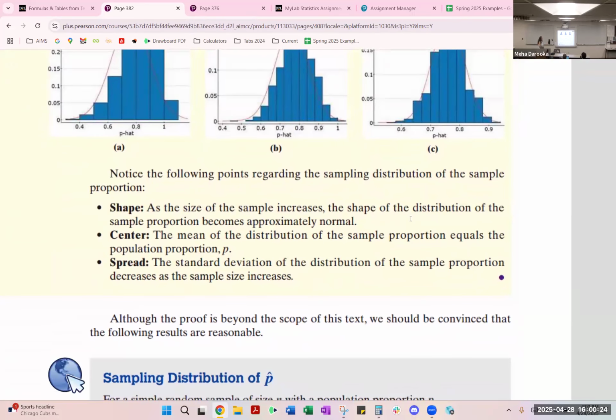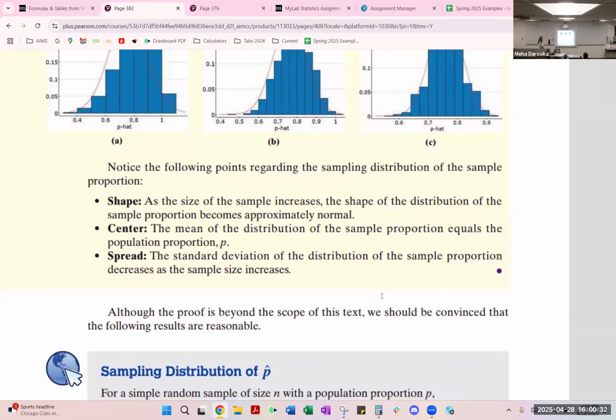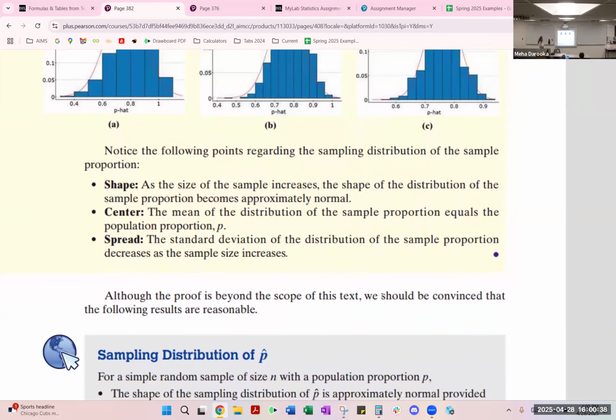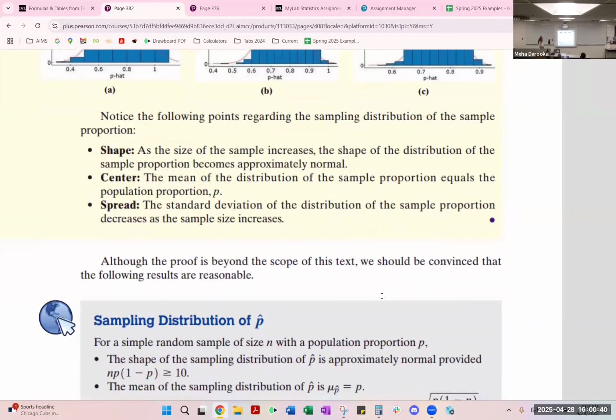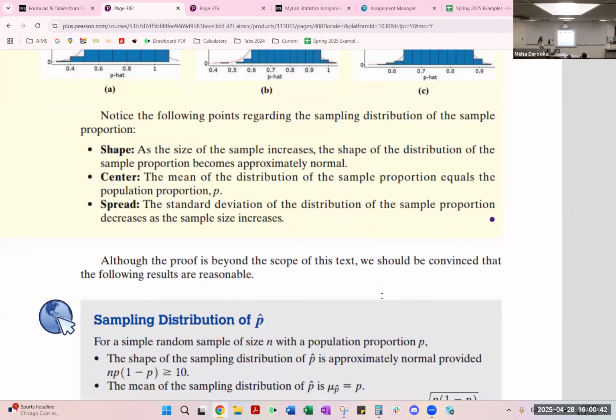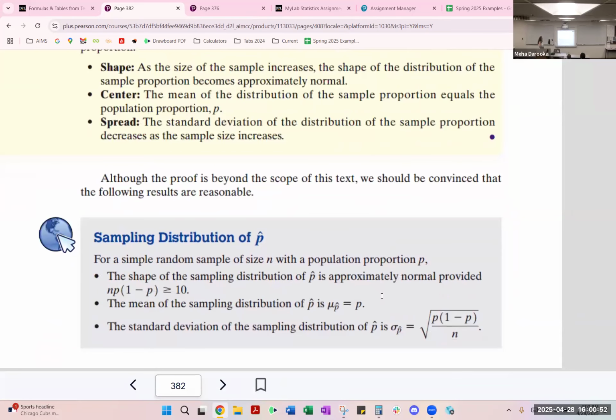So here again, you can see as the size of your sample increases, the shape starts becoming approximately normal. The mean of your sample proportion will again be equal to the population proportion. And then the standard deviation of the distribution will actually decrease as the sample size increases. And again, these were the same observations we made in section 8.1.